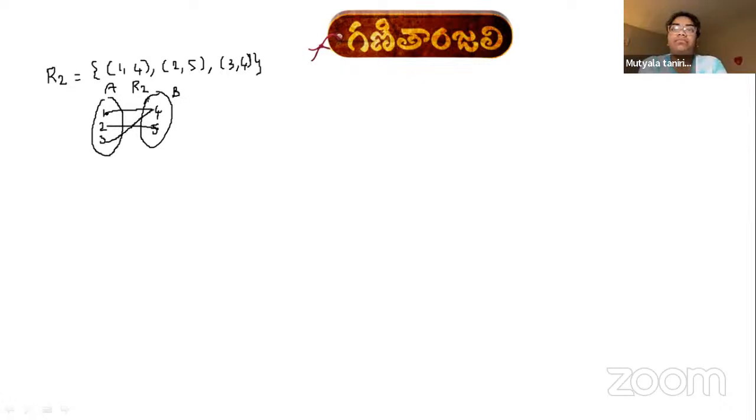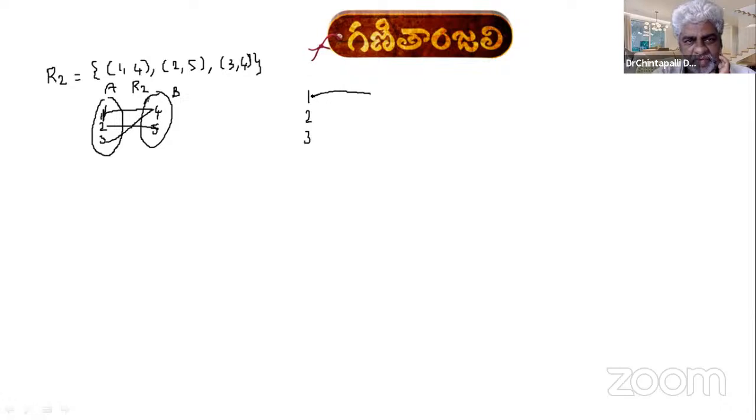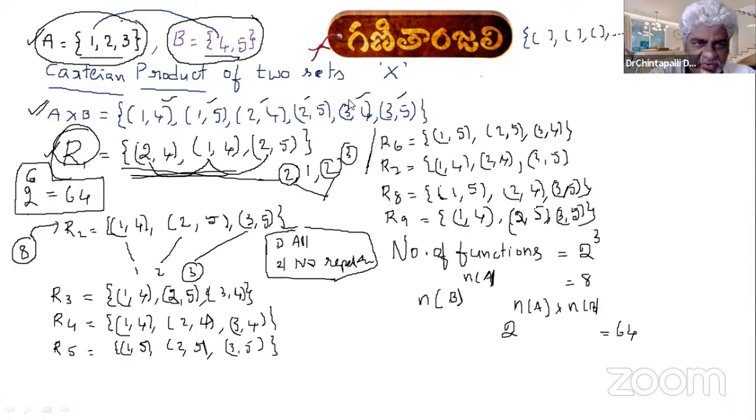Observe this: no repetition from A. From 1, only one association is there. From 2 also only one association is there. From 3 also only one association is there. If we take R1 as we drew previously, R1 contains this type of associations, that means 1, 4, 1, 5.